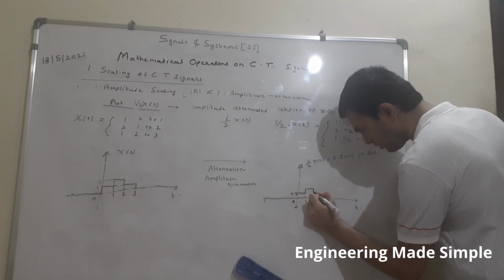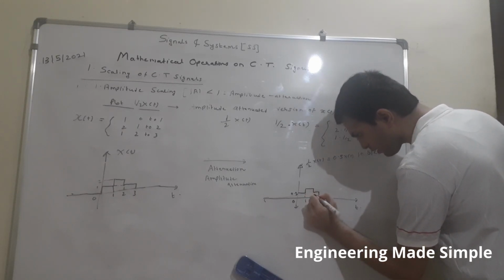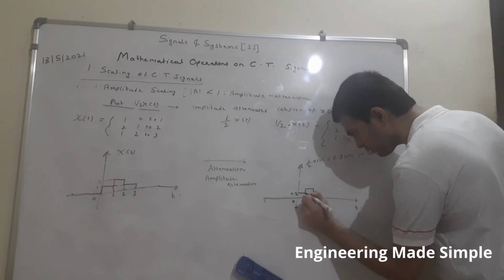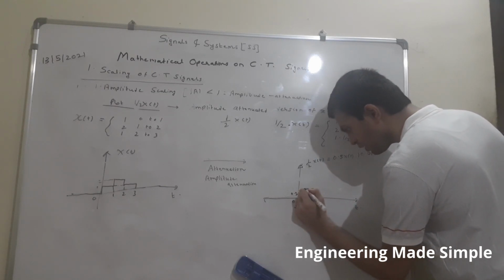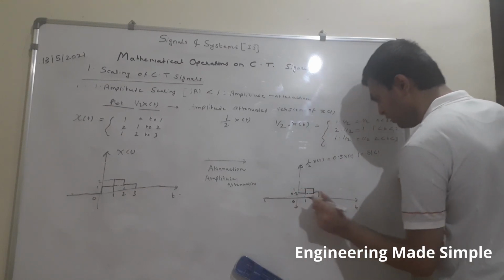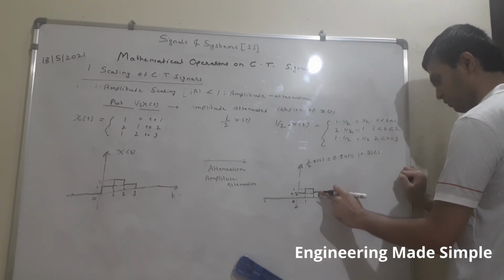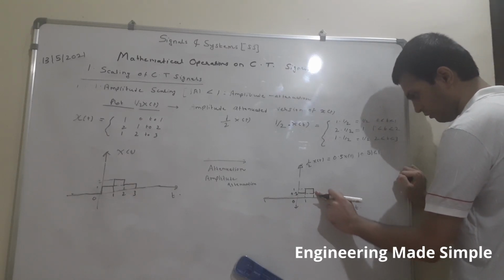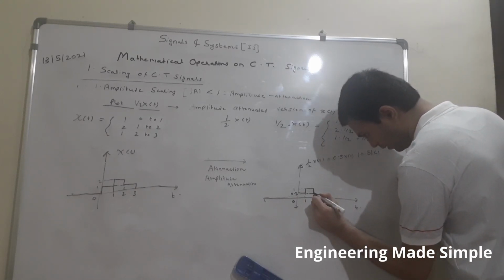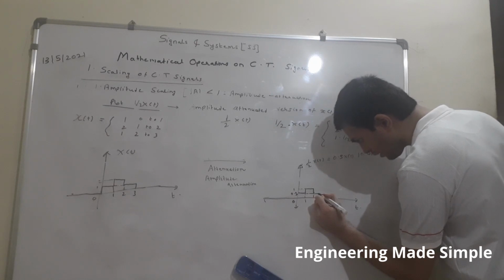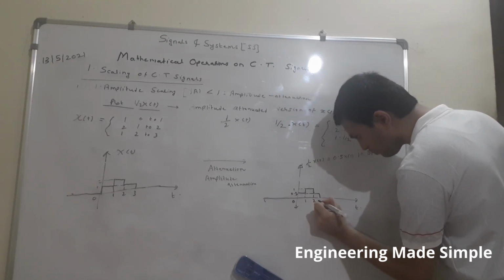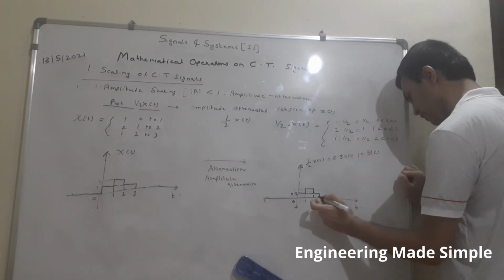So let us assume this is 1, and then again for 2 to 3, its value is 0.5. So that is what I have drawn over here. Let me try it more clearly. So this is 2 and this is 3 time interval.